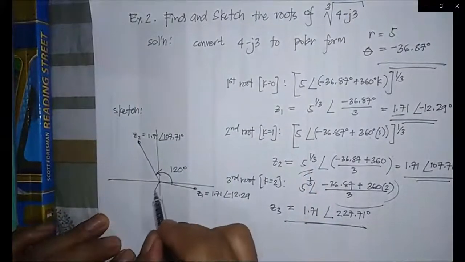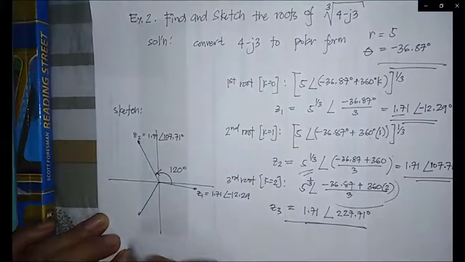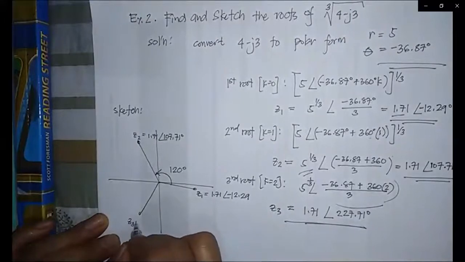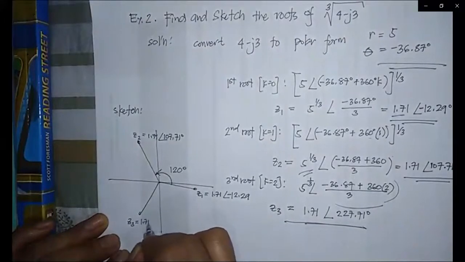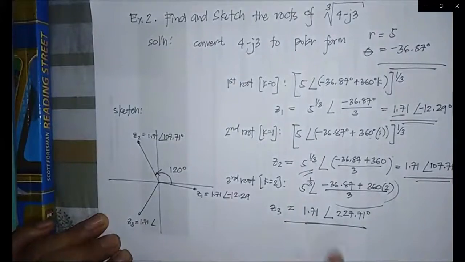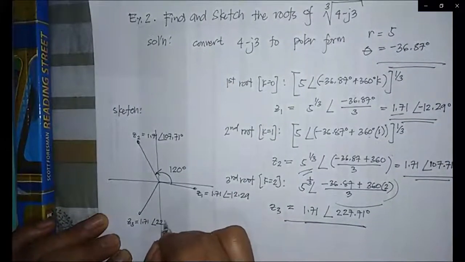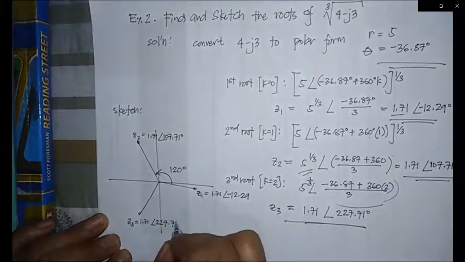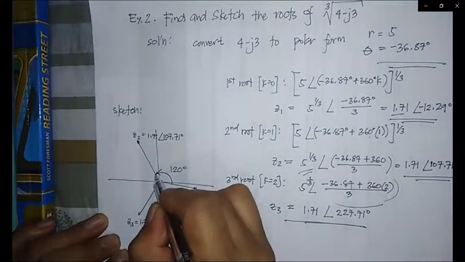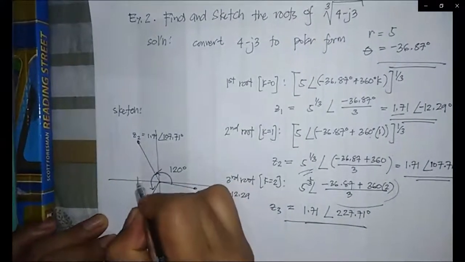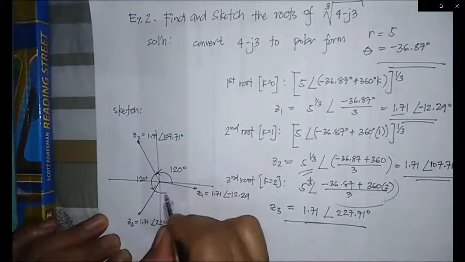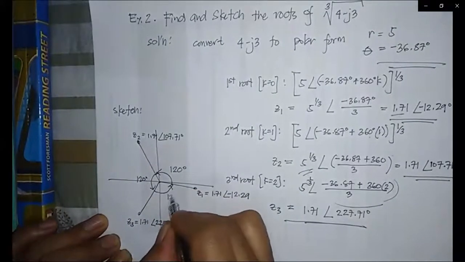Now for your third root, you have Z3 equals 1.71 angle of 227.71 degrees. Take note, they are also 120 degrees apart from each other.